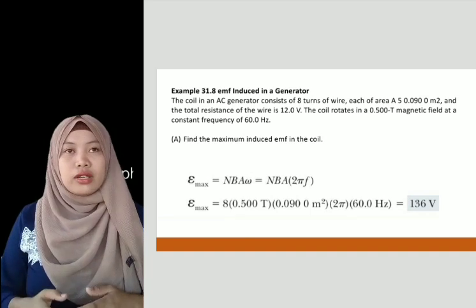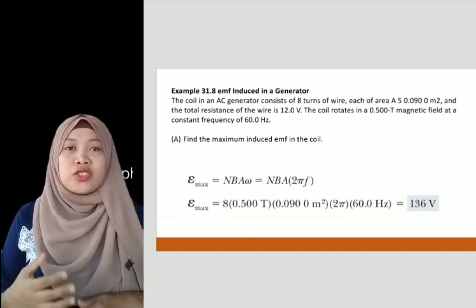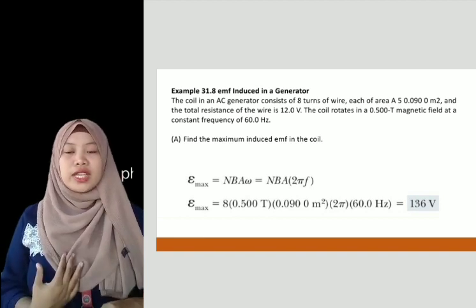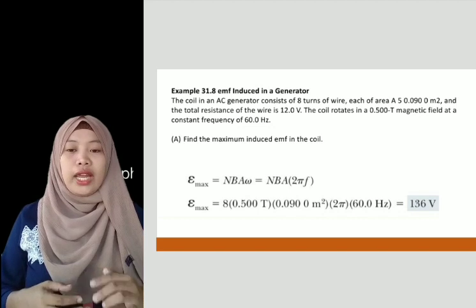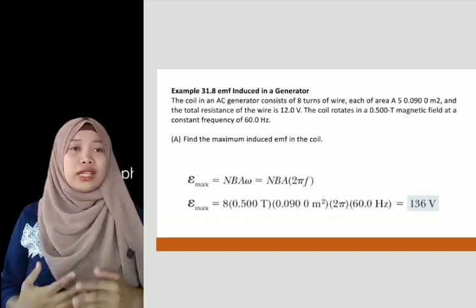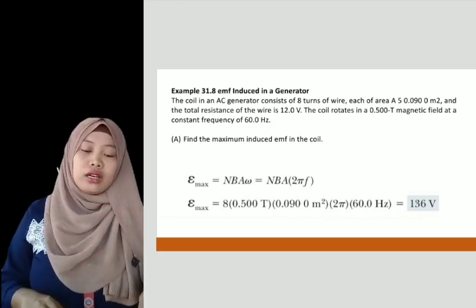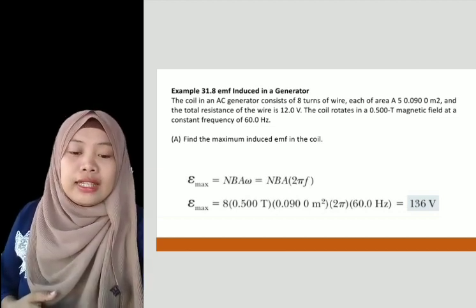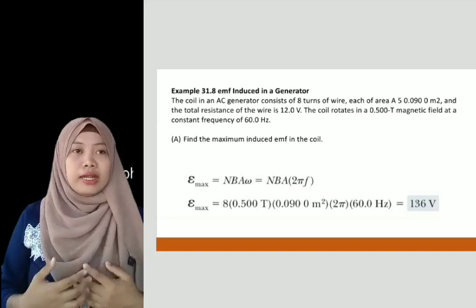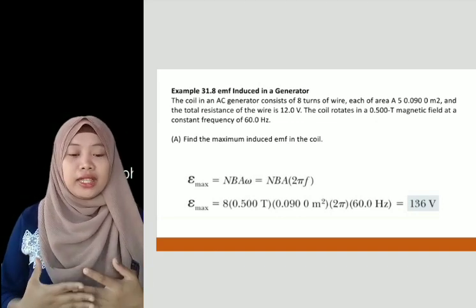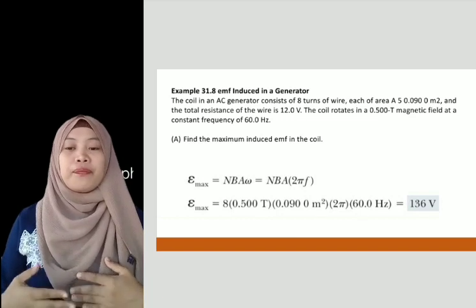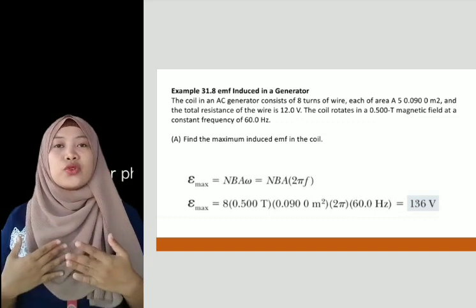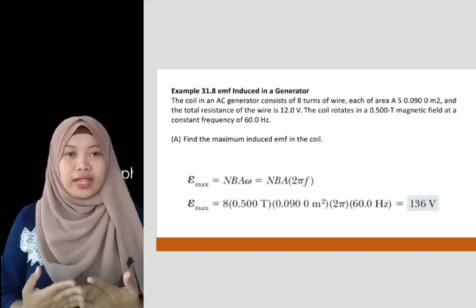So the coils naga-rotates in a 0.500 T magnetic field at the angular frequency of the 60.0 Hz or tinatawag natin na Hertz. So, remember na ang EMF, yan yung tinatawag natin na an area of electric and the magnetic forces caused by the electromagnetic radiation. So, ang hahanapin natin dito is find the maximum induced EMF in the coil.